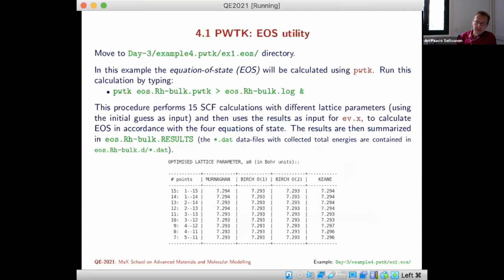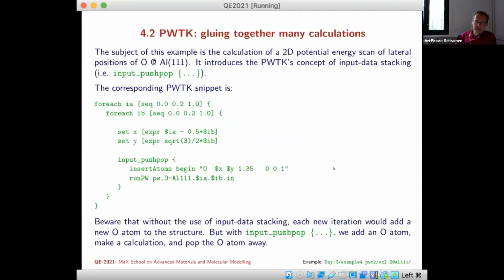Now we will be fitting the lattice constant, using different analytical forms of the potential energy as a function of the volume. This is what you will get in the outputs. Then the second example was oxygen and aluminium. Again, here we are going to do a loop using PWTK where this oxygen goes along the surface.